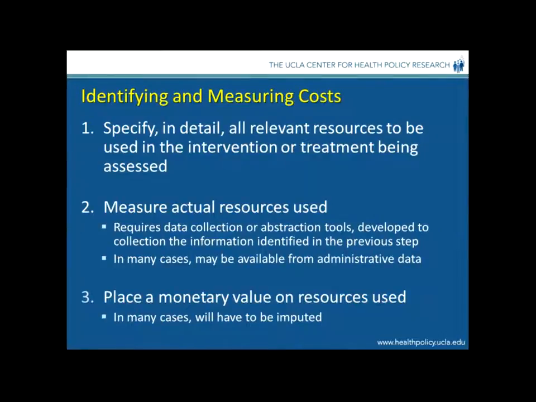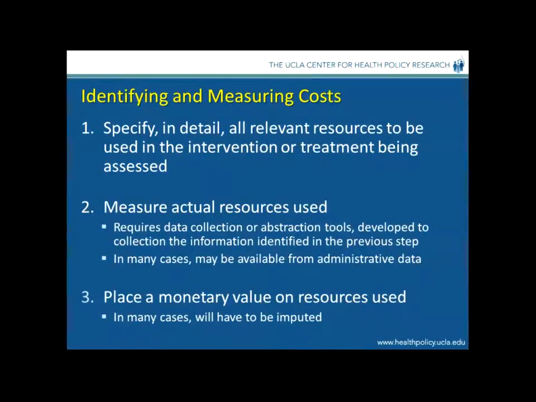In some studies that I've done, we've had to develop a tool to count what is done for every patient: what tests they've received, what intervention, how much of the intervention they get, how much time is spent with a staff person. So you're measuring at an individual level, and you have to develop an appropriate data collection tool.